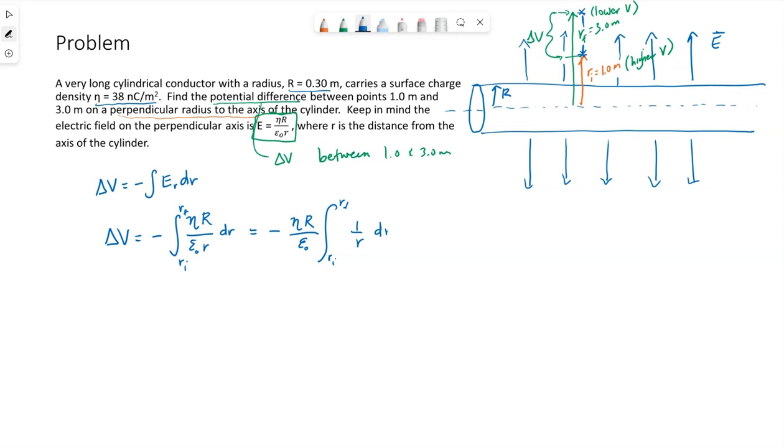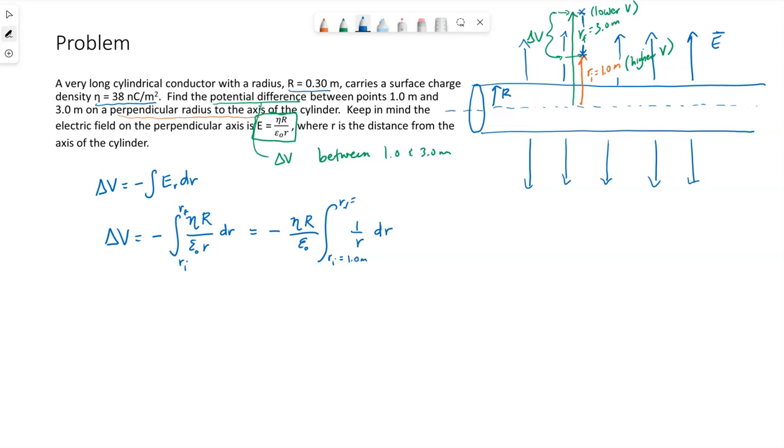So we end up with 1 over r. The lowercase r is changing. We have been asked to look at the potential difference between r of 1 meter and 3 meters. And so I cannot pull that out of the integral. Our limits of integration will end up being a lower limit of 1 meter.